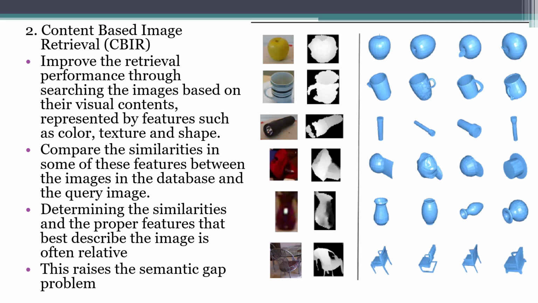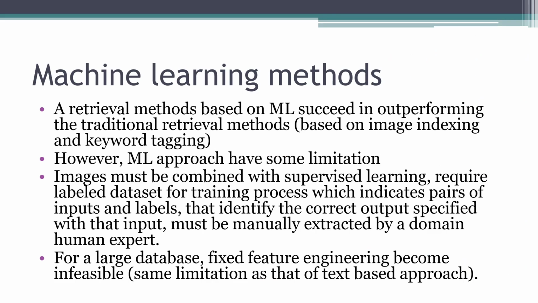Determining the similarities and the proper features that best describe the image is often relative. Therefore, this raises the famous semantic gap problem between the low level visual features of the images, represented normally by their intensity or pixel values, and the high level of human perception.